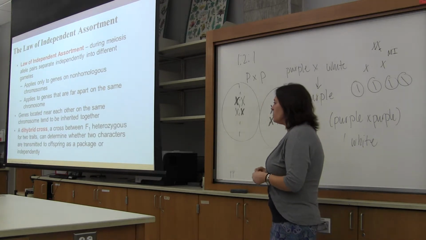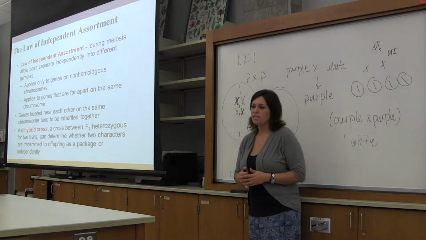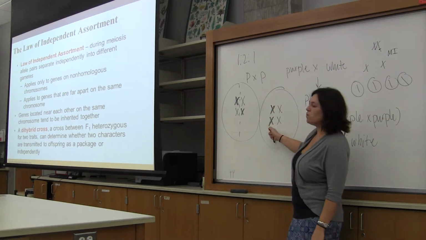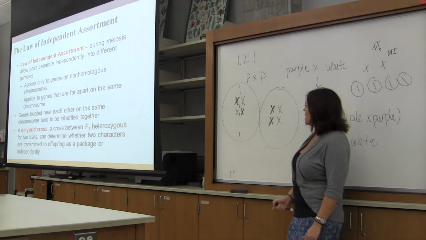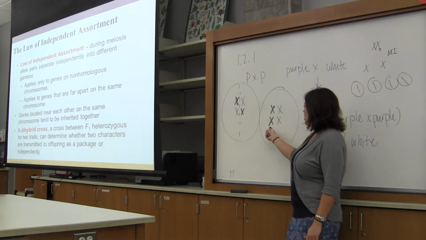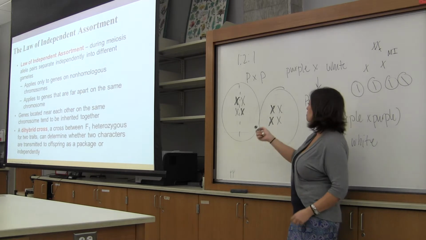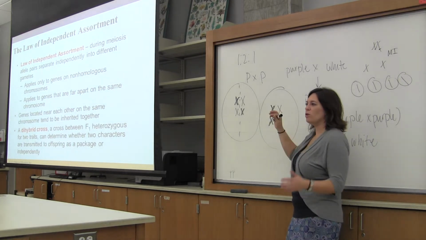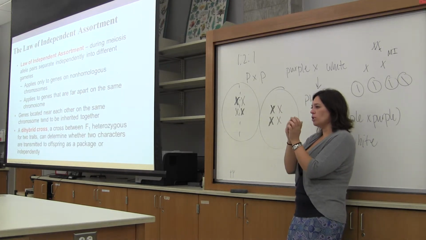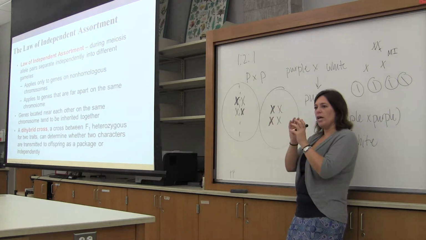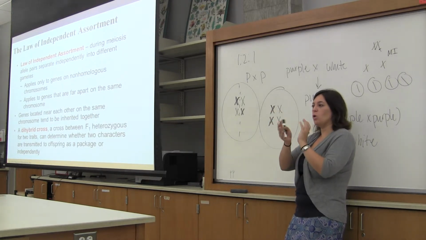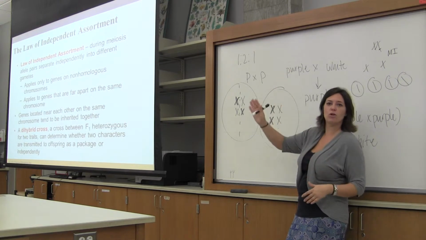From this, Mendel concluded that in metaphase 1 of meiosis 1, the way that this pair of homologous chromosomes lines up is totally independent from this pair. In other words, the way that each homologous pair is arranged is totally random and independent of any other pairs of chromosomes.